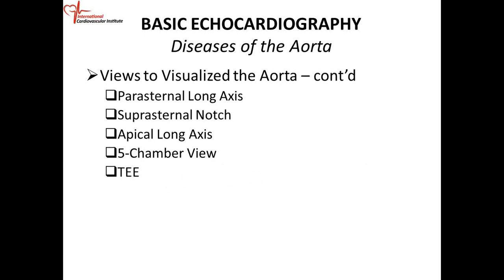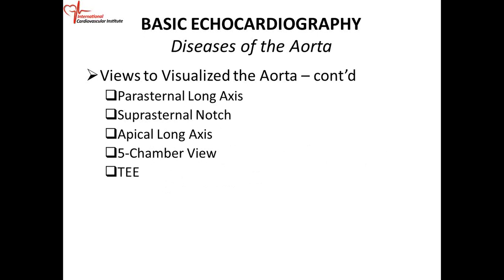All right. So again, to visualize the aorta with the transthoracic echo, you use your parasternal long axis view, suprasternal notch view, the apical long axis, and the 5-chamber view.